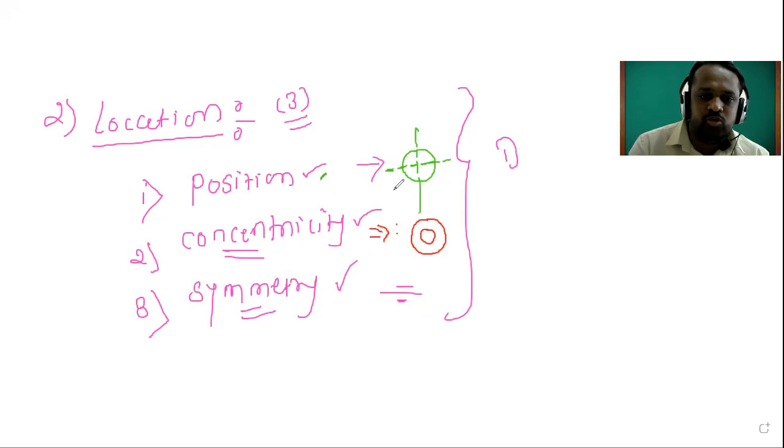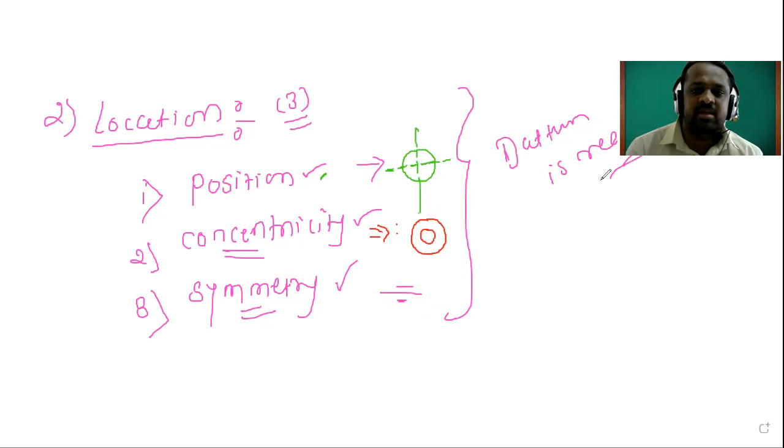It means to show that position, to show that concentricity, to show that symmetricity, we require the datum. Means we require one reference point, one reference line, reference surfaces. Okay, that is the meaning of that. The datum is required here. So these are the symbols.